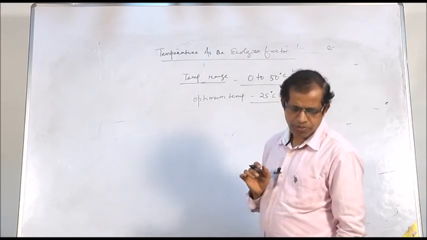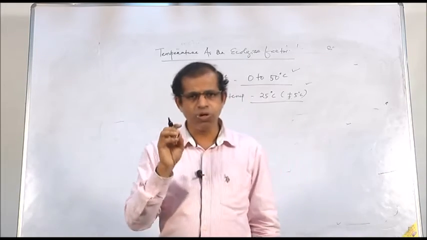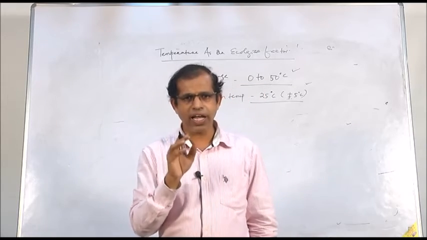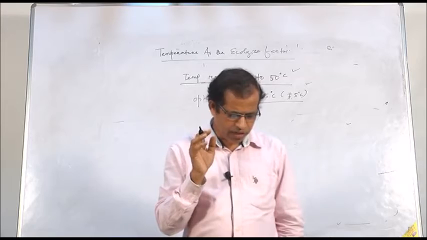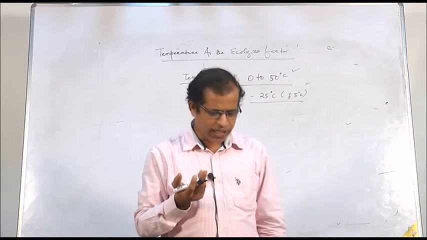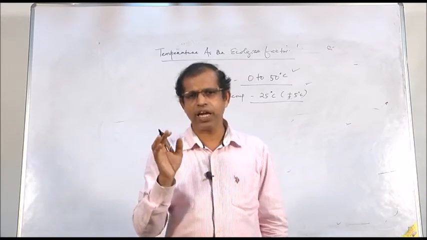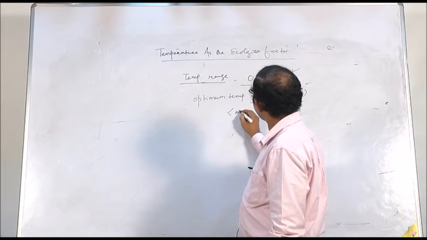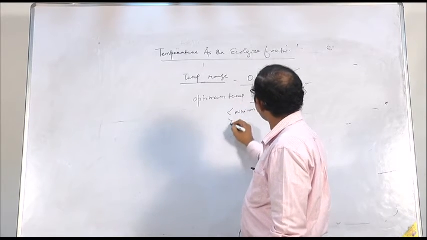What is that optimum temperature? It is the most suitable temperature under which the vital activities are carried out. That means the various life activities of an organism are carried out at a temperature that should not be minimum or maximum.